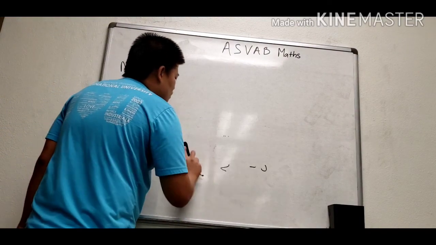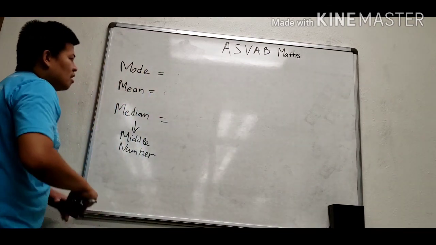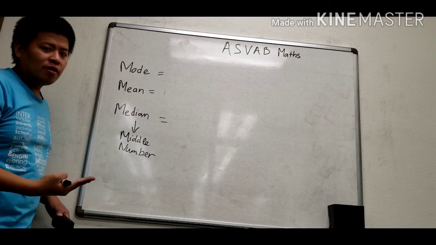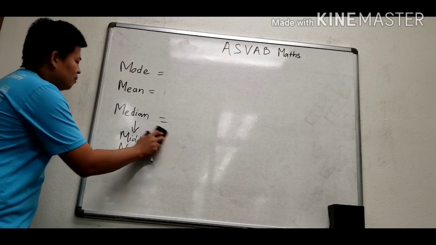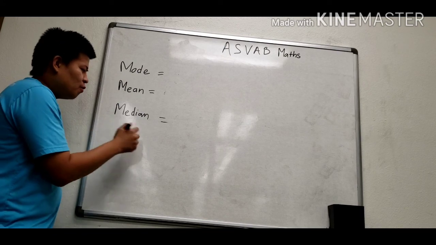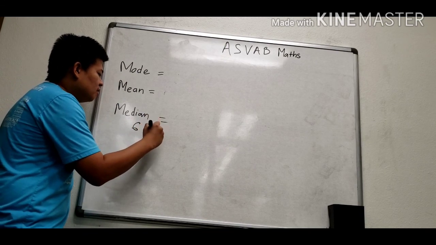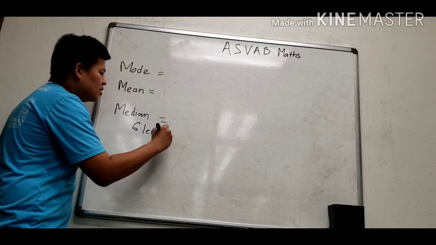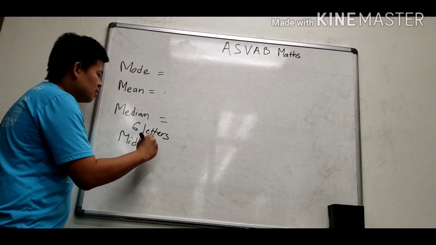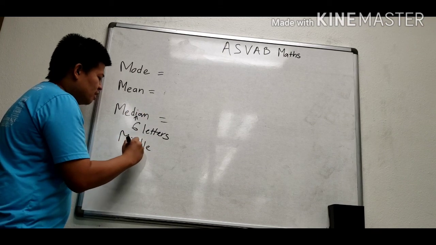So the best way to understand this, if you don't know the formula, I will show you. The word median has 6 letters, then the middle, then 6 letters more.